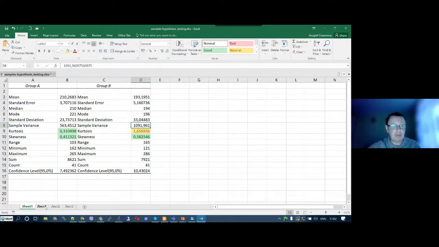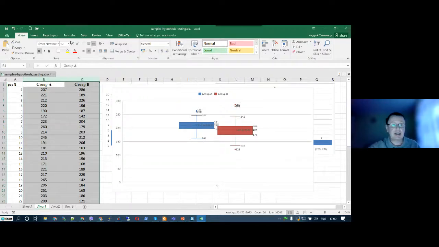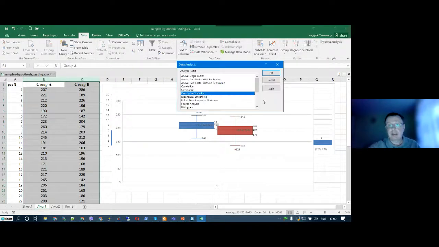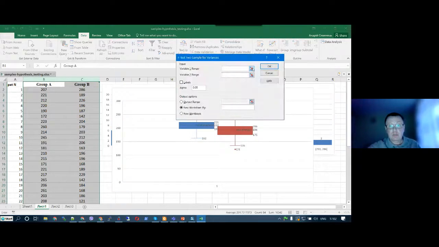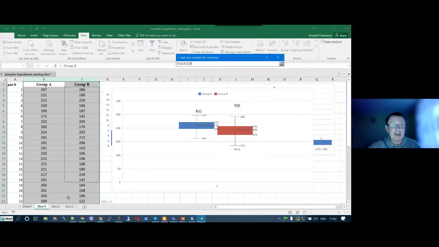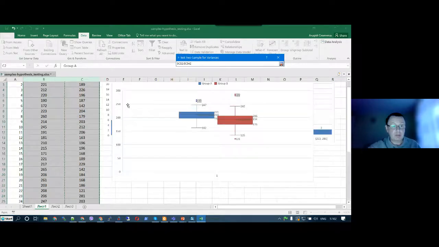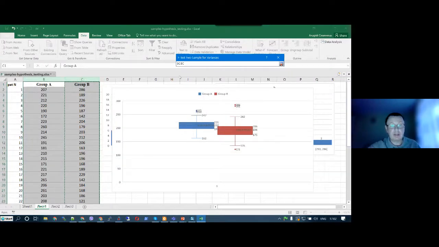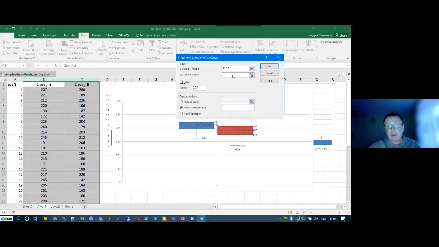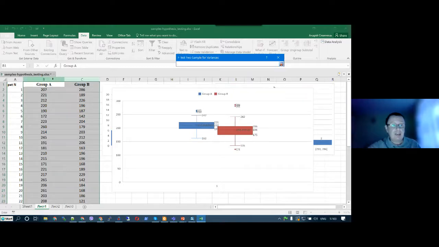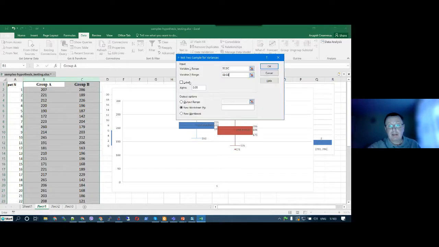It's variable B. I will start data analysis, Fisher test for variance, and use group B, whole data, and variable 2 will be group A.